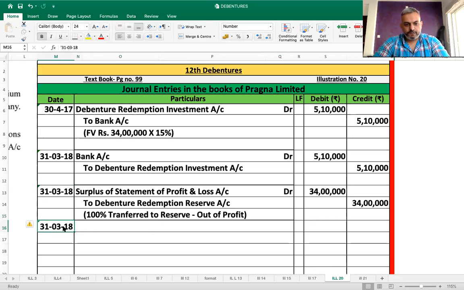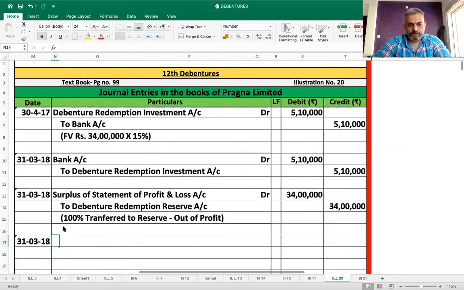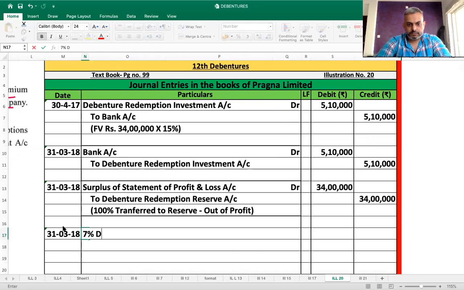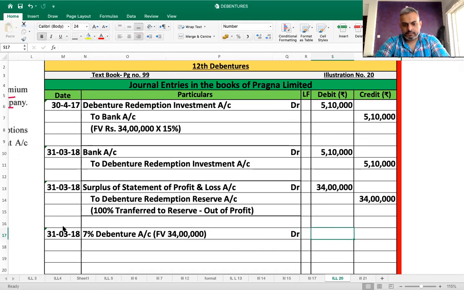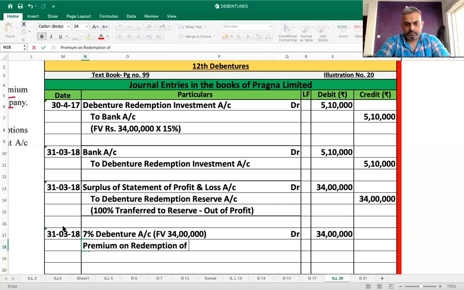Again, now we have to write the entry for redemption of debentures. So 7% debenture account, debentures face value 34 lakh, debit; premium on redemption of debenture account, debit.